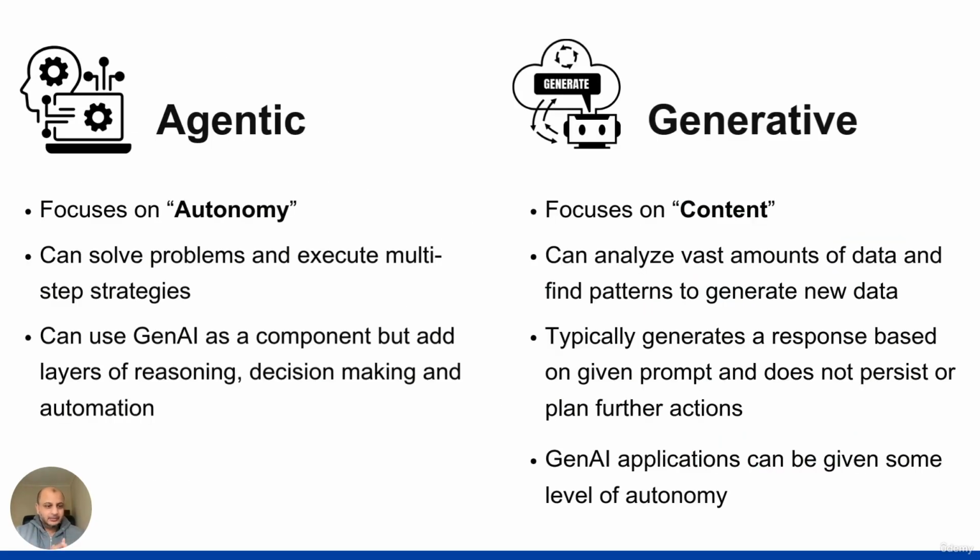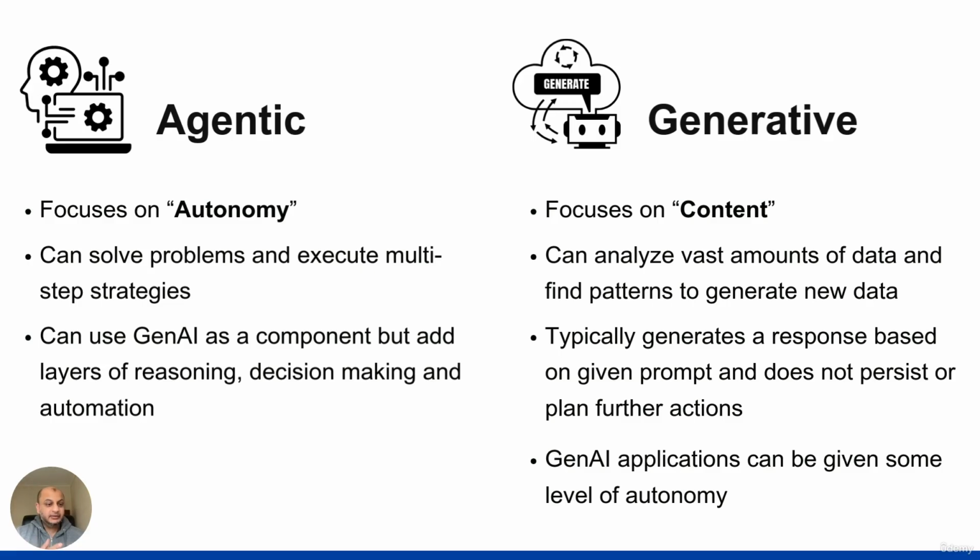In a quick table, you can look at the difference. Agentic AI focuses on autonomy. Generative AI's focus is on content. Agentic AI can solve problems and execute multi-step strategies all without human input. And generative AI can analyze vast amounts of data and find patterns, which it uses to generate new types of data.